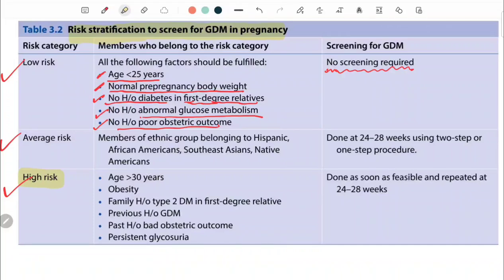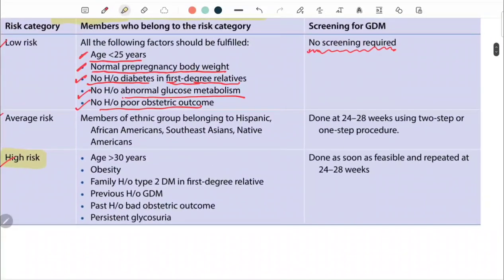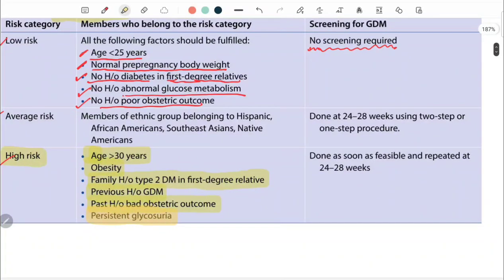So high risk is what you need to know very much. Age more than 30 years is a high risk factor. Obesity, family history of type 2 DM in a first degree relative, previous history of GDM, past history of bad obstetric outcome and persistent glycosuria.